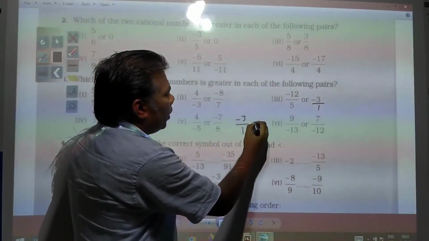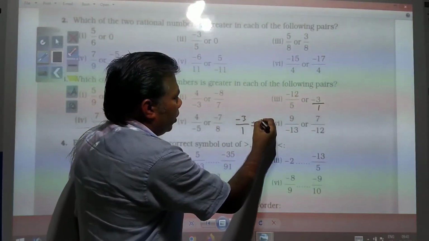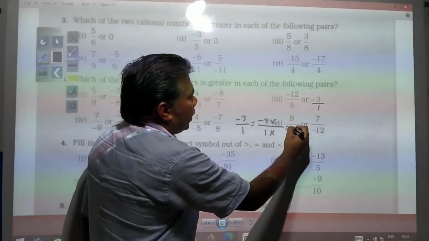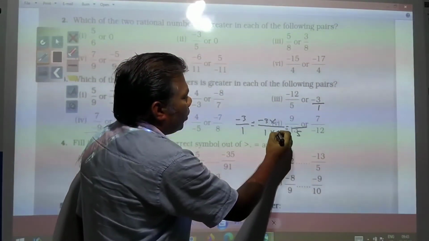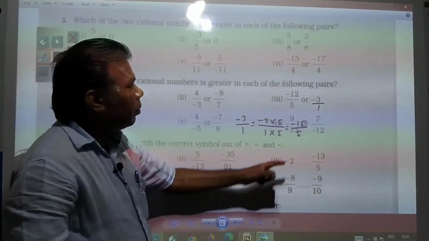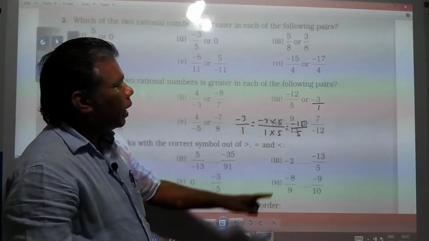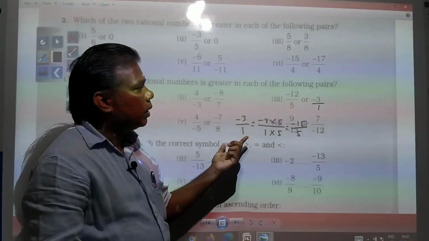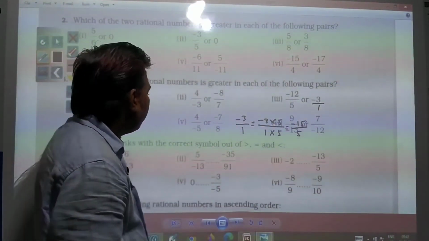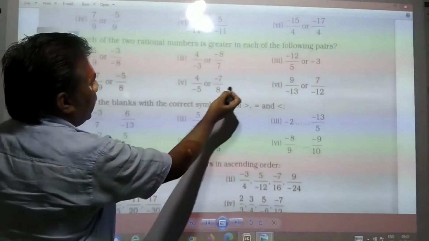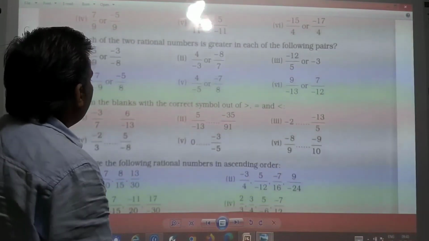Minus 3 by 1 will be written as denominator 5, so this is required to be multiplied by 5. So minus 15 it will be, minus 15 by 5. Now you see minus 15 and minus 12, which one is greater and which one is lesser, then you compare. So in the same way these questions are required to be done.